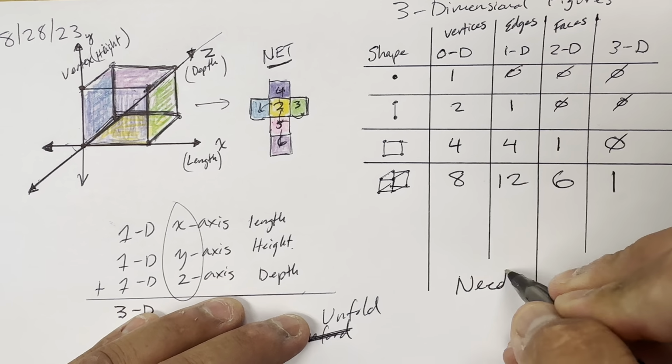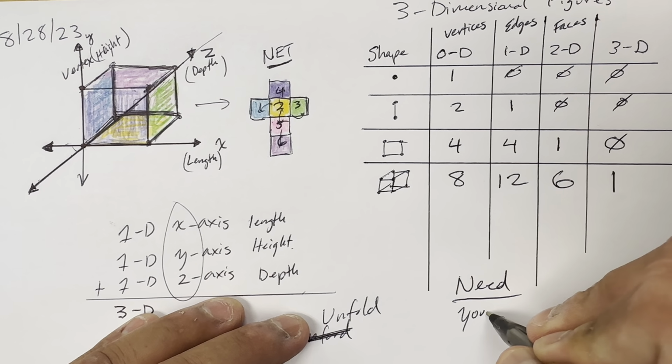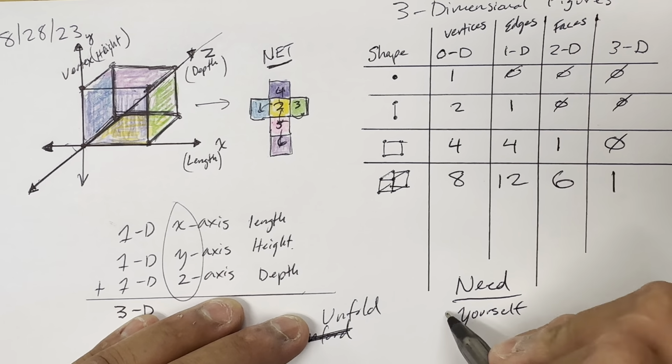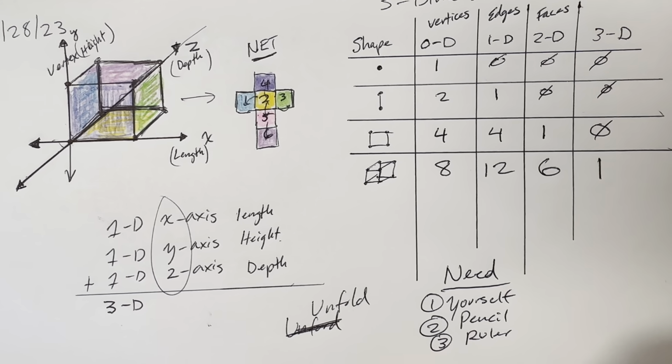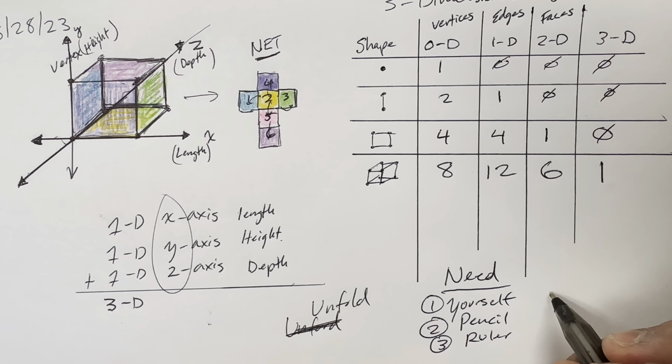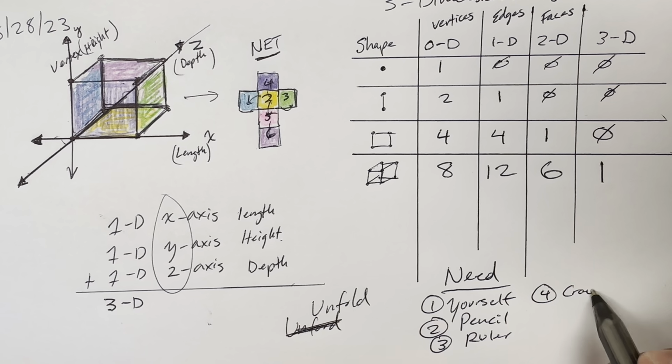You're gonna need, of course, yourself here. It'll show up first of all. The second thing you're gonna need are basically your pencil, your ruler. I'm just using that to help you guys out. You're also gonna need crayons, markers, color pencils, whatever you can use to color the faces.